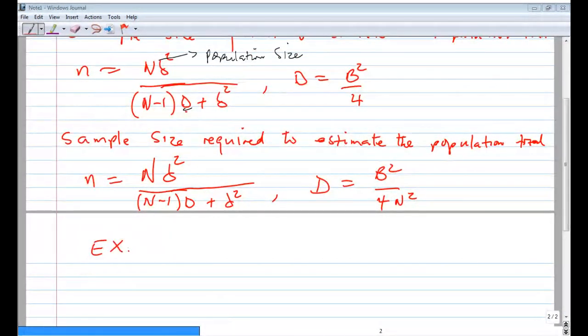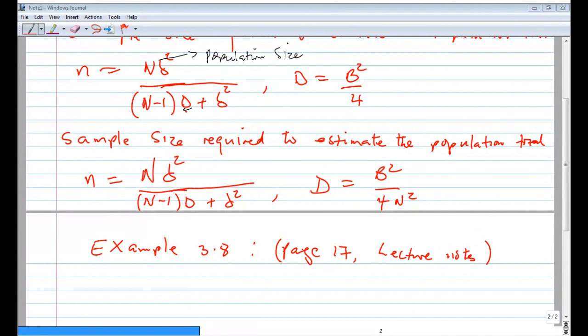Okay, that's page 17 in the lecture notes. May I give you a few minutes to look at it before we start solving it? Page 17, example 3.8.